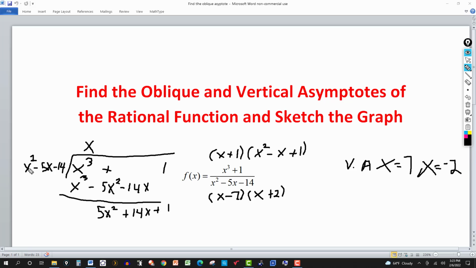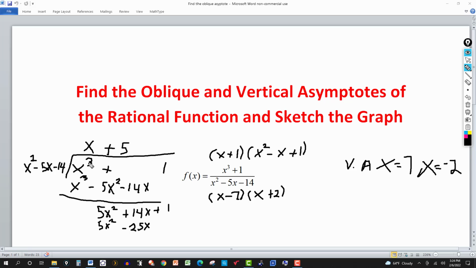And you continue the division until the degree of the remainder is less than the degree of the divisor. Here it's a 2 and a 2, so divide by x squared. 5x squared divided by x squared is a plus 5. Then multiply 5 times the divisor, so 5 times x squared is 5x squared. Then 5 times a minus 5x is a minus 25x.